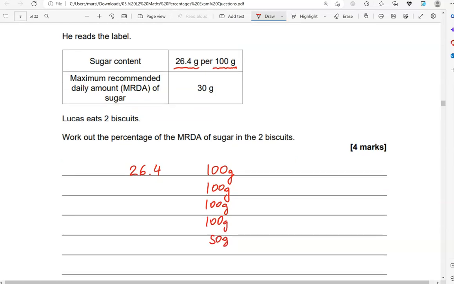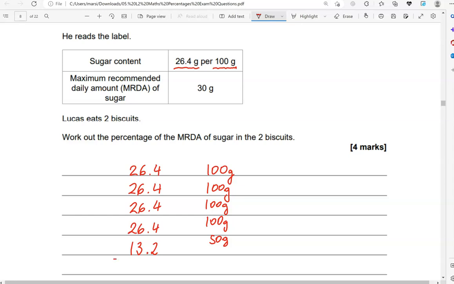So another 26.4, 26.4, 26.4, and half of 26, that is 13. Half of 0.4 is 0.2, so 13.2 grams of sugar in 50 grams of biscuits.